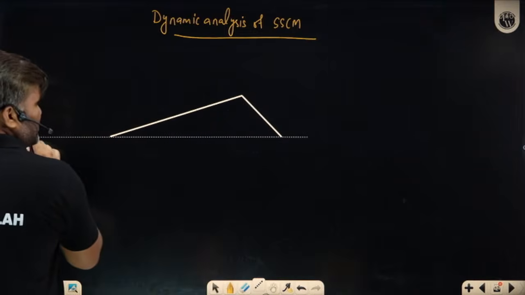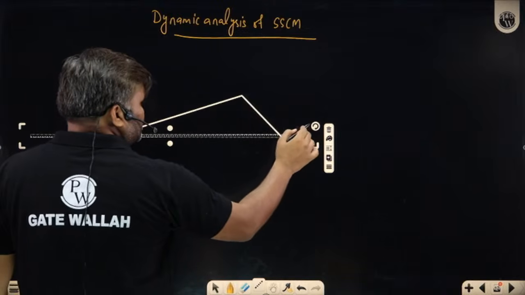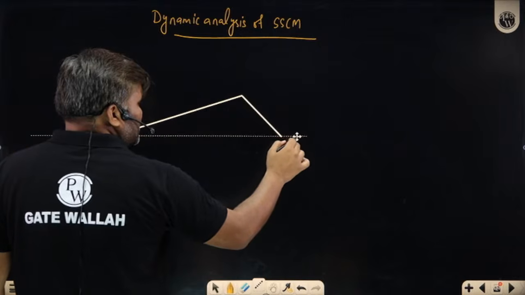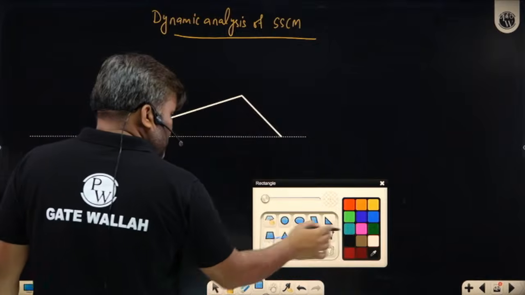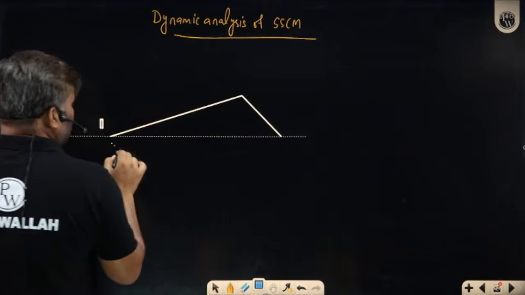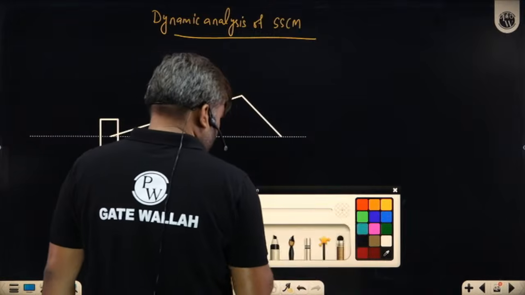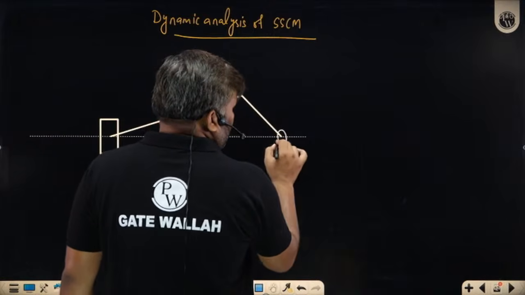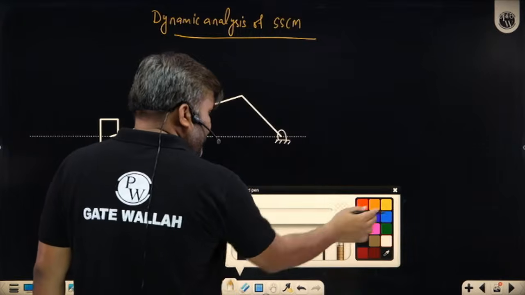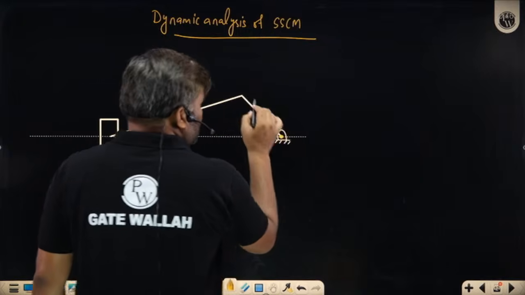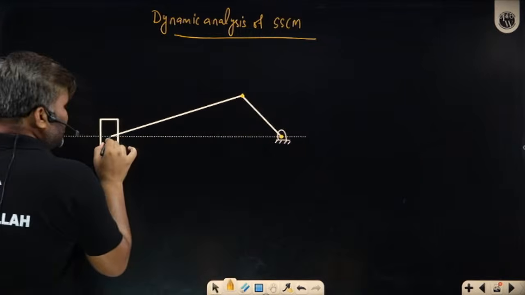This is the line of stroke. And we have a piston like this. Careful. We have a pin joint here, a pin joint here, and a pin joint this side.